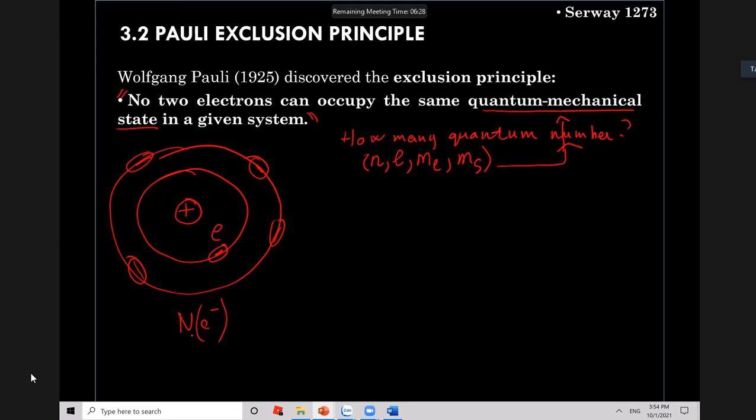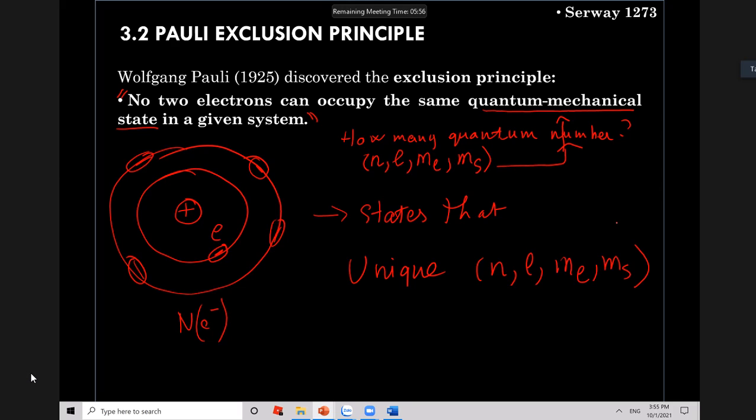This principle states that any electron in this system has a unique combination of n, l, ml, and ms.